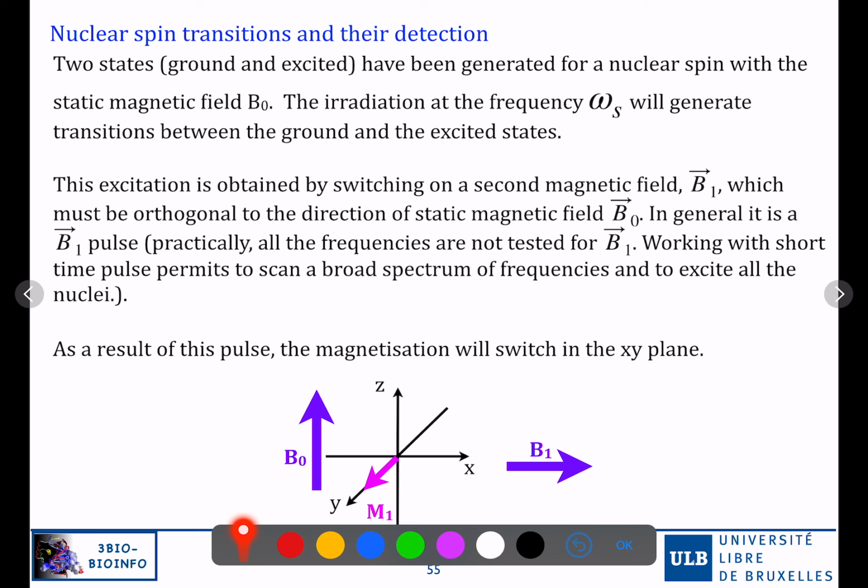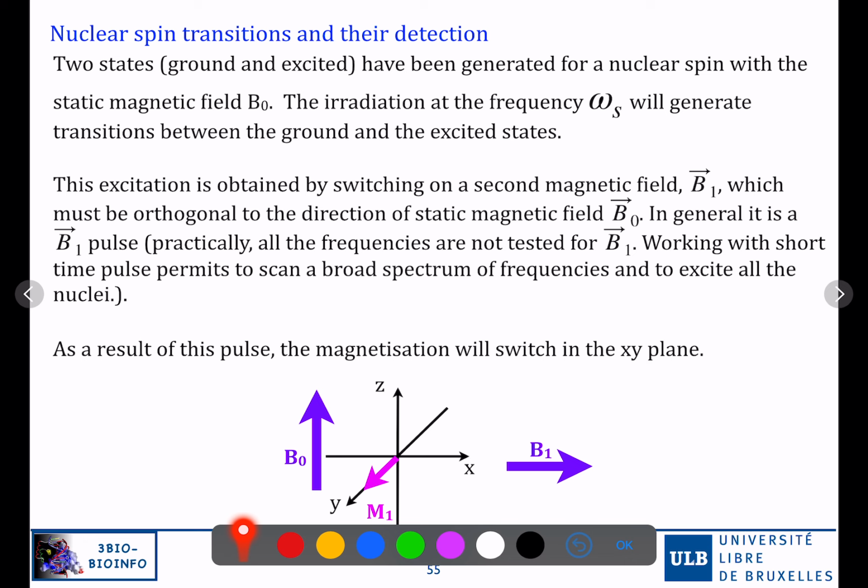In fact, here you have several ways to work. You could irradiate at a frequency that is close to the resonance frequency of the different nucleus in the sample, and you could scan at different frequencies. That's a first possibility.